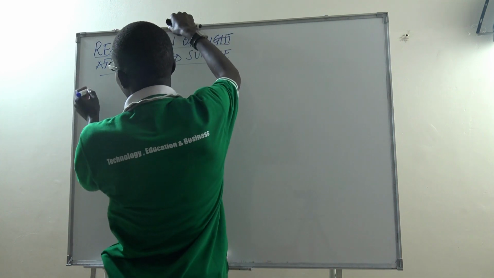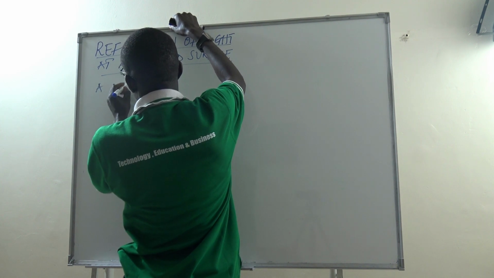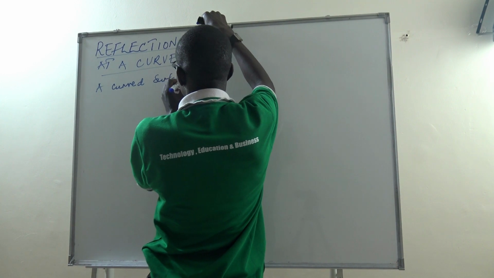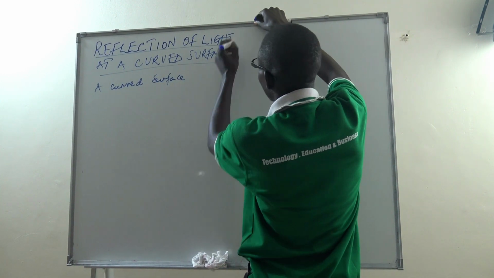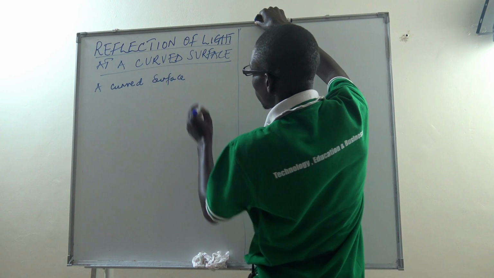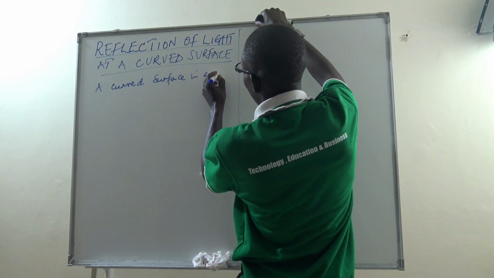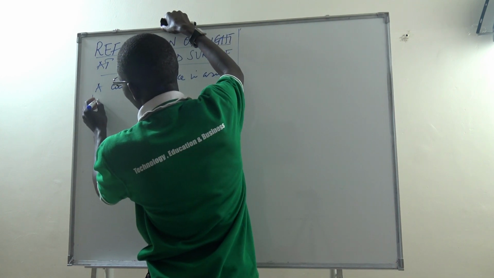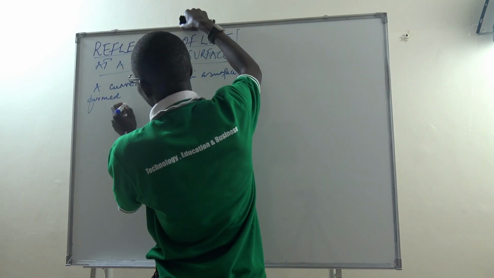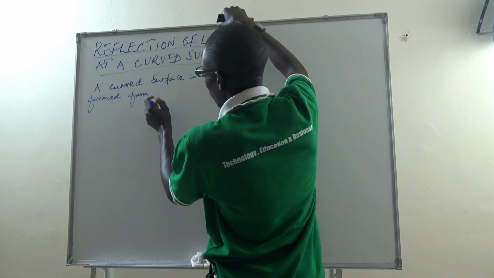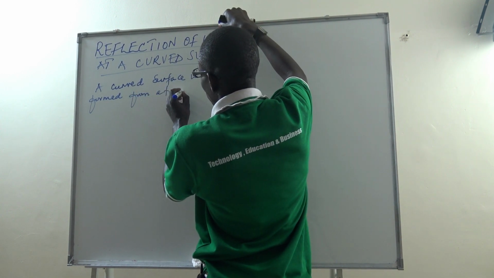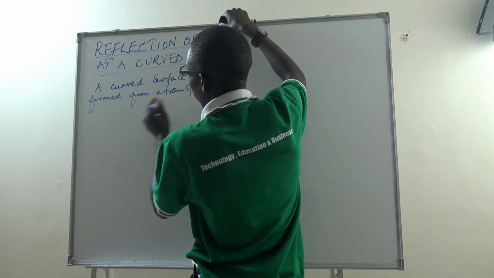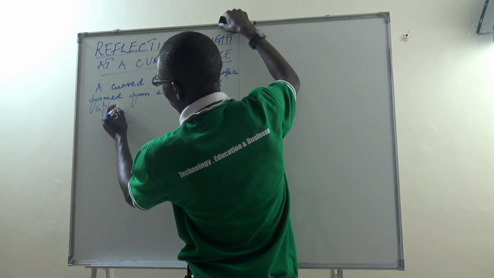So we can say a curved surface is a surface formed from a transparent sphere.